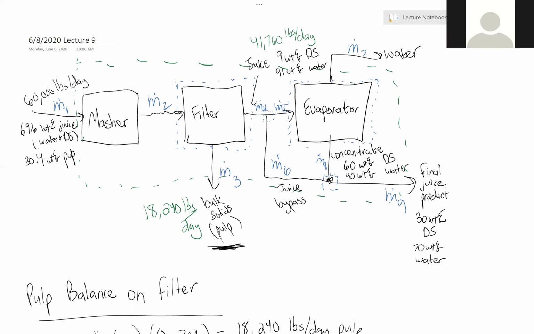It's only going to be M1 and M9, because the dissolved solids, not looking at the pulp, go from M1 to M2 to M4. They split into M5 and 6, then they go into M8, which they recombine to M9. So my dissolved solids go into my process at M1, and they only leave my process at M9.